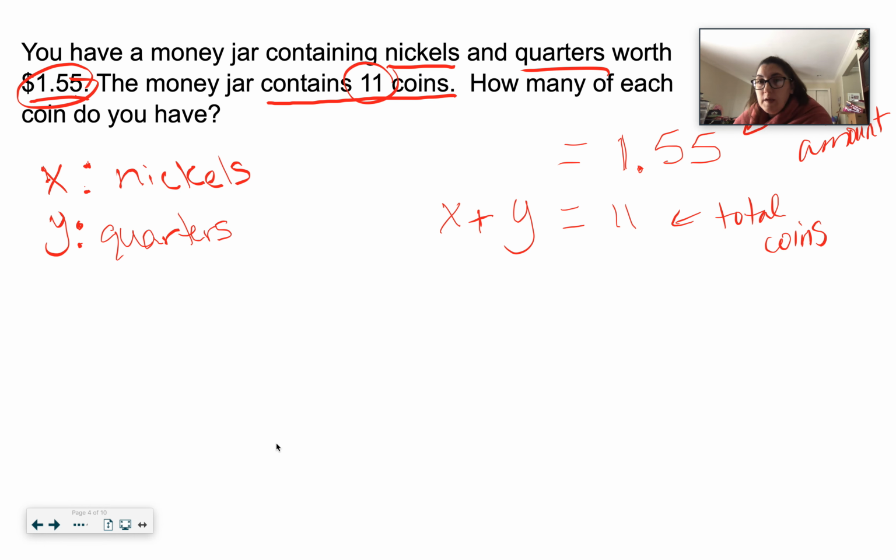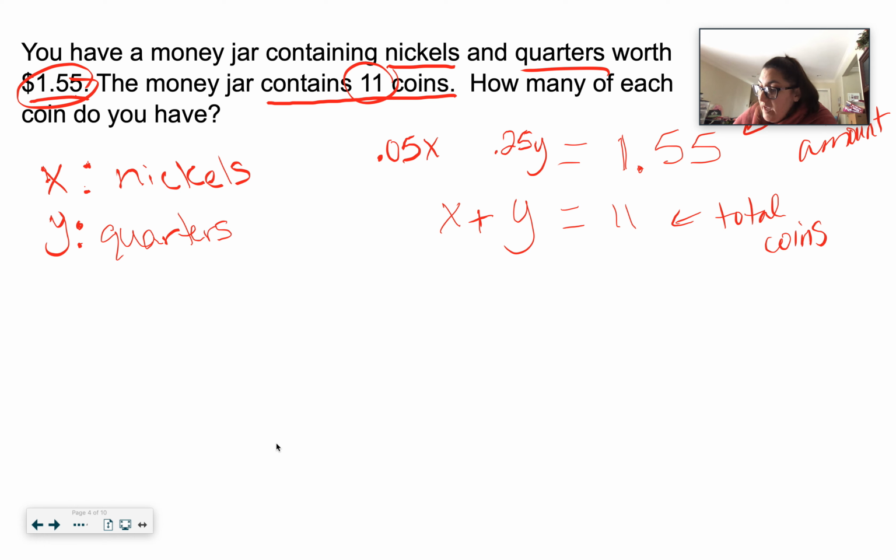Okay? So in the total money amount, I know a nickel is worth 5 cents, so I'm going to say 0.05, but I don't know how many I have, so I'm going to say 0.05 what? X. And then a quarter I know is worth 25 cents, so I'm going to say 0.25, and Y represents my quarter, so I'm going to say Y. Now what am I going to do with these?